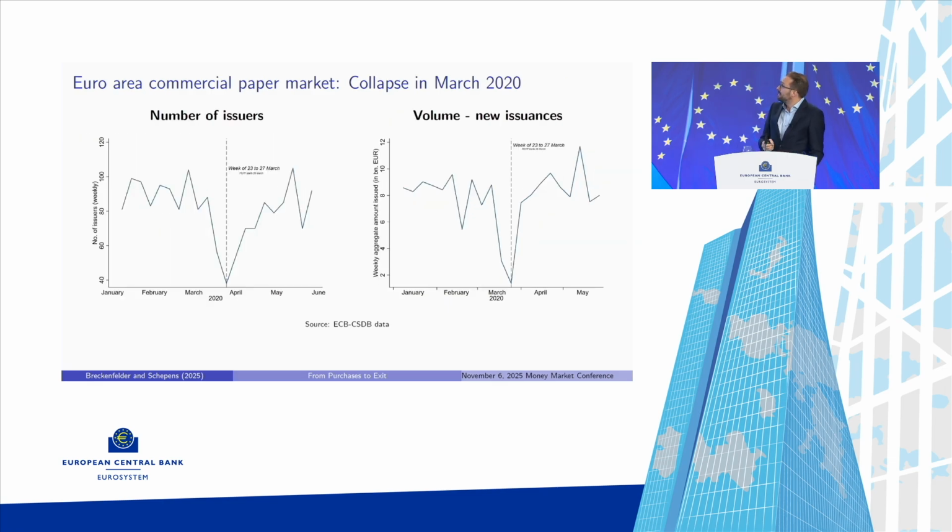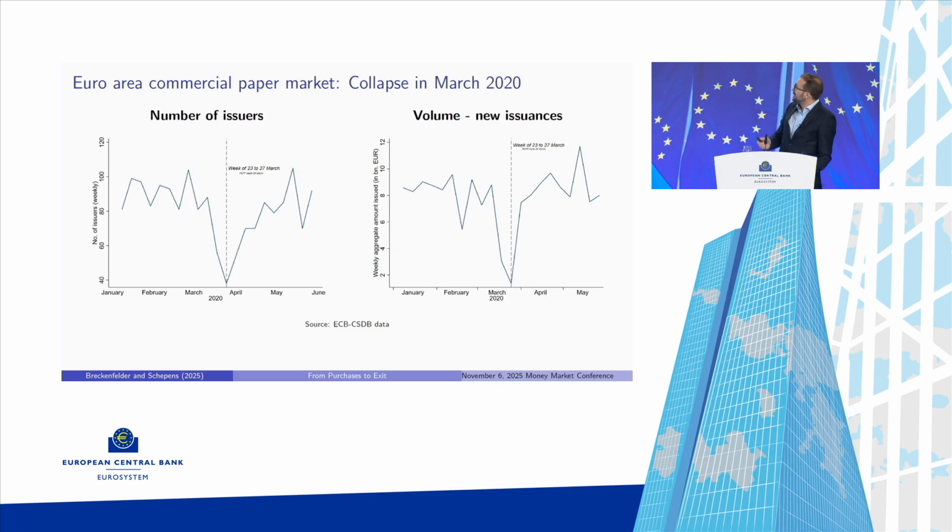For instance, the number of issuers, usually around 100 on a weekly basis, goes down to about 40. Even more stark, on the right, the volumes of new issuance. New issuances in terms of actual aggregate volumes, which are usually around 9 billion, go down to about 1. So there was a sharp decline and a collapse of this market.